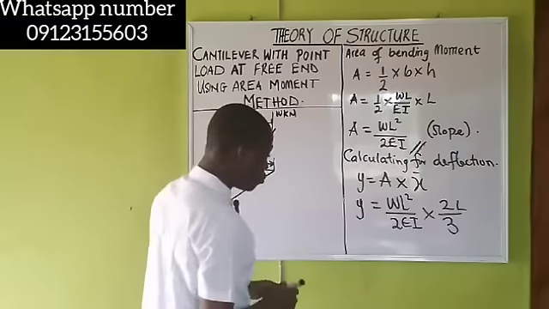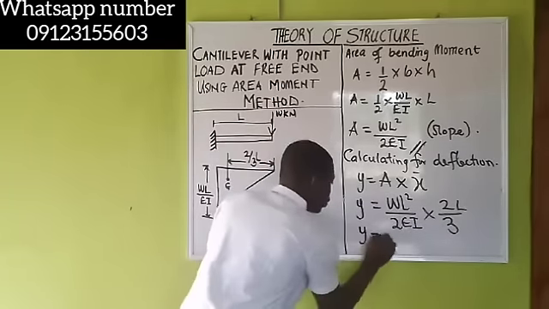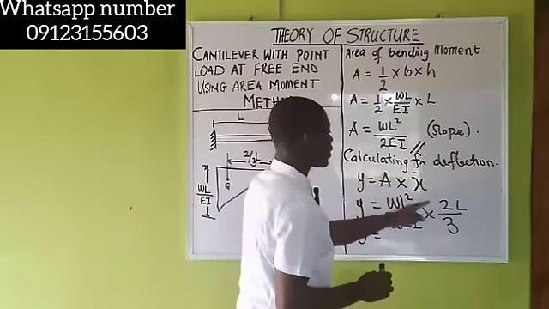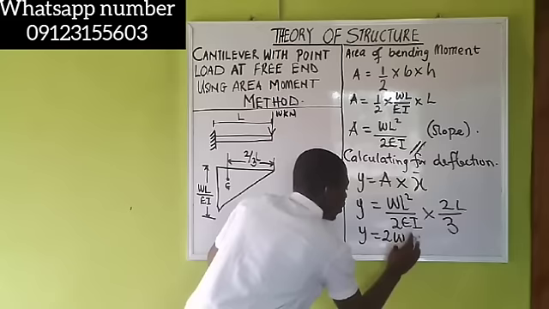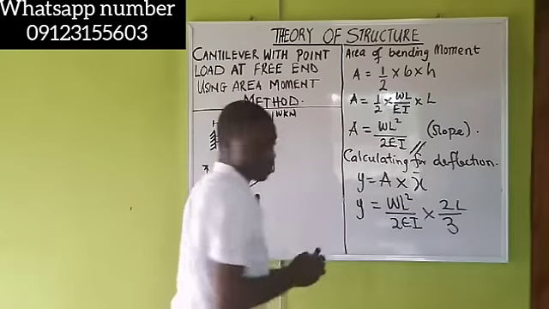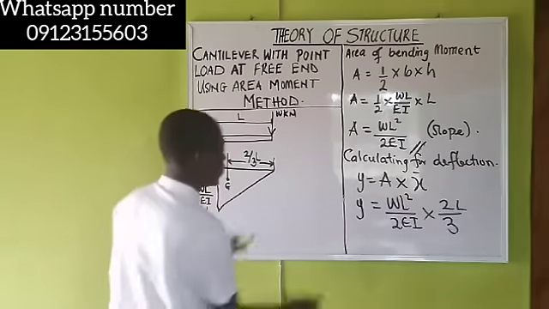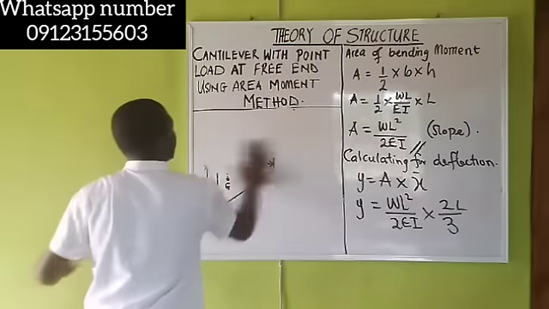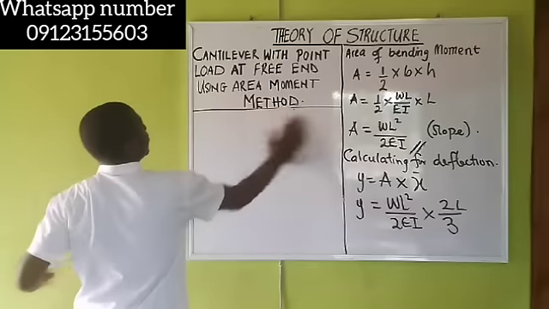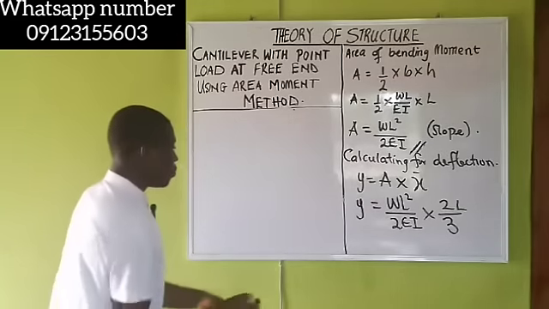If I do the needful, I'll have y is equal to W L squared times 2L. That becomes 2W.